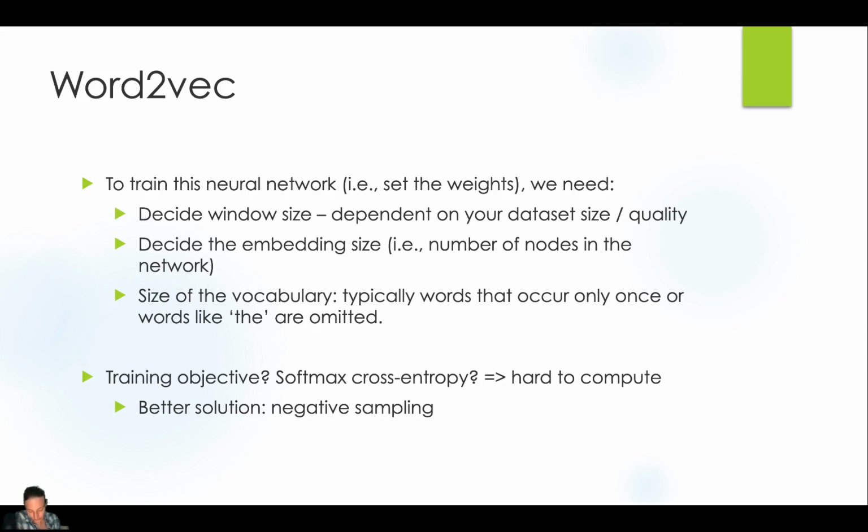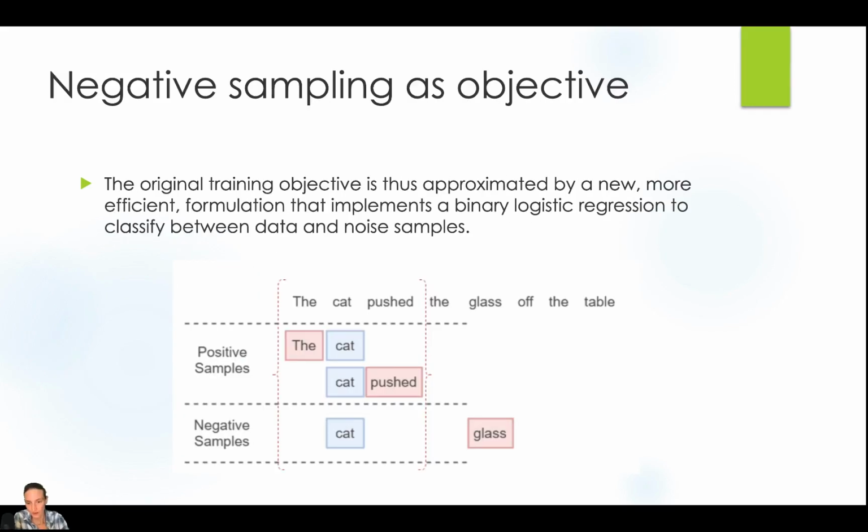To train it, we use cross entropy. However, it's quite hard to compute. So because this loss function is hard to calculate, we approximate it and we do negative sampling. So what does that mean? We take words that appear in the same context. Those would be our positive samples.